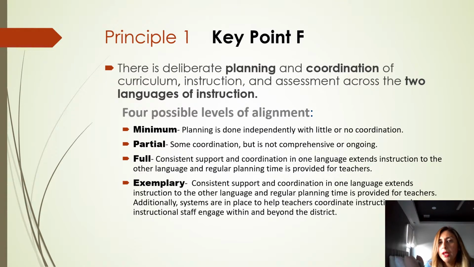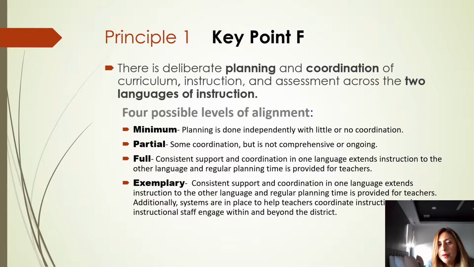Principle 1, Key Point F refers to deliberate planning and coordination of the curriculum, instruction, and assessment across the two languages of instruction. There are four possible levels of alignment again. For minimal, the planning is done independently and there's little to no coordination. Partial means there's some coordination, but it's not comprehensive or ongoing.